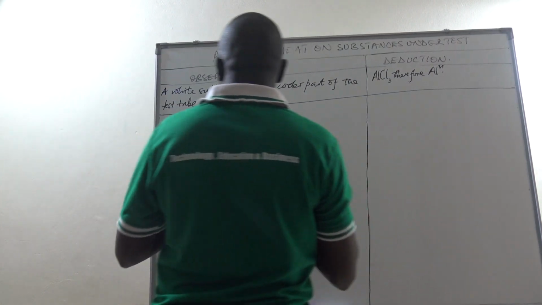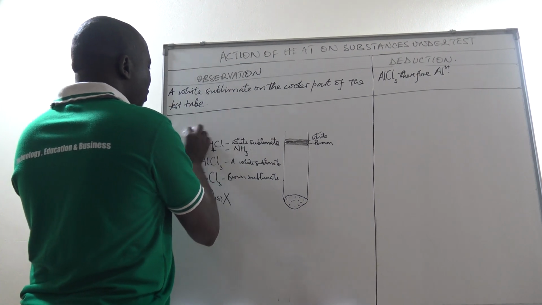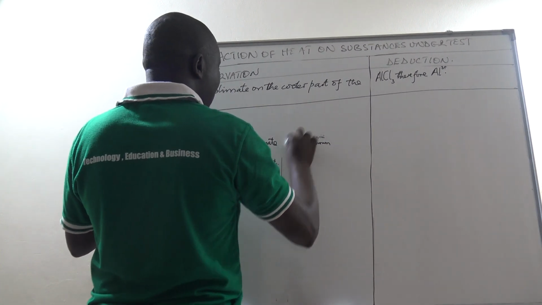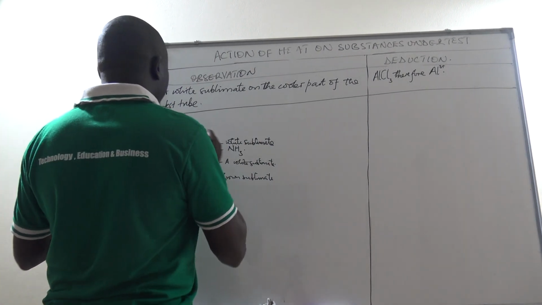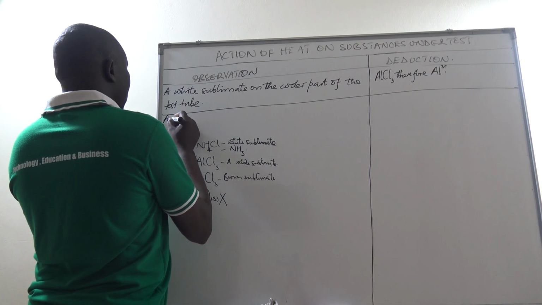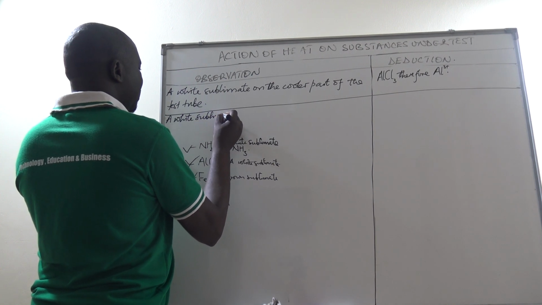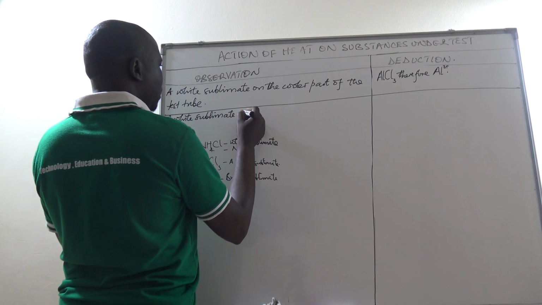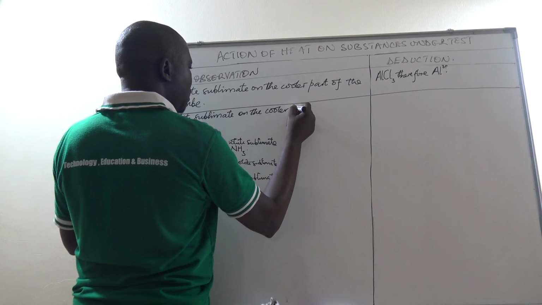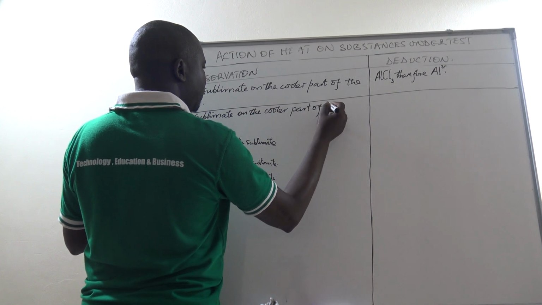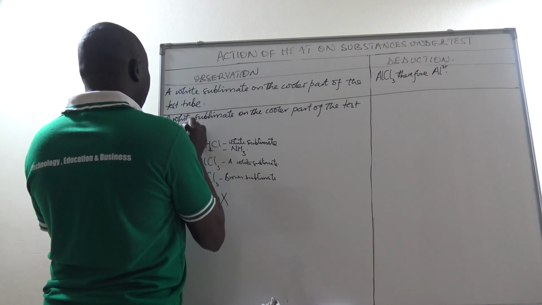When you heat ammonium chloride as one of the substances that undergo sublimation, we are not touching iodine because we don't deal with it at this level in qualitative analysis. So ammonium chloride gives us a white sublimate on the cooler part of the test tube.